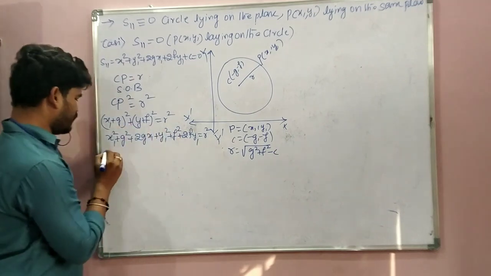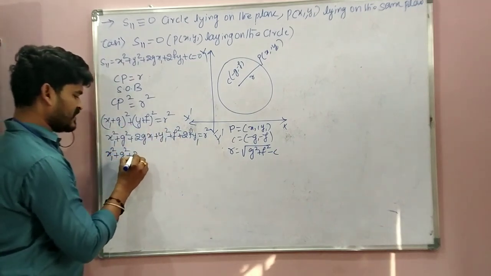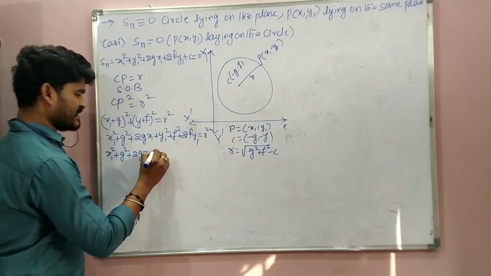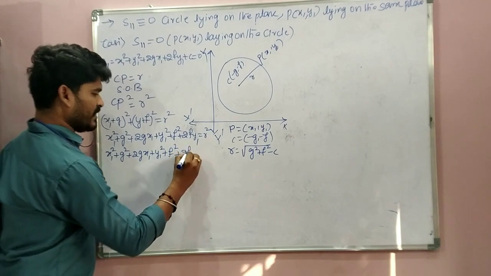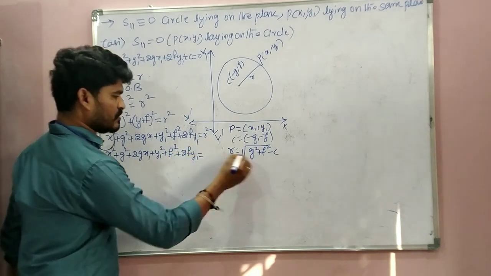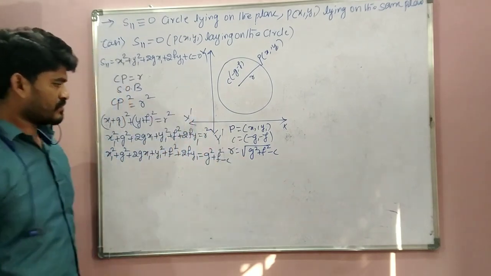Substituting here: x1 square plus g square plus 2gx1 plus y1 square plus f square plus 2fy1 is equal to g square plus f square minus c.